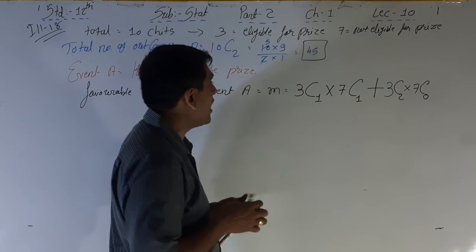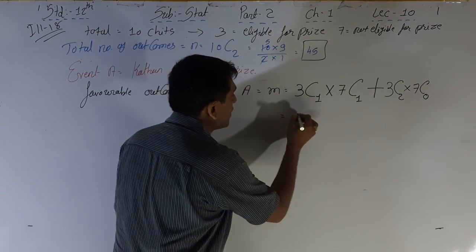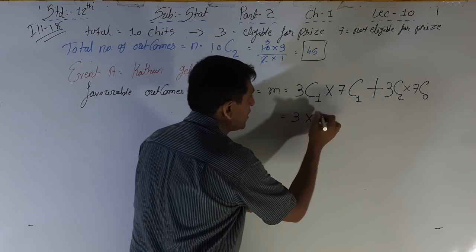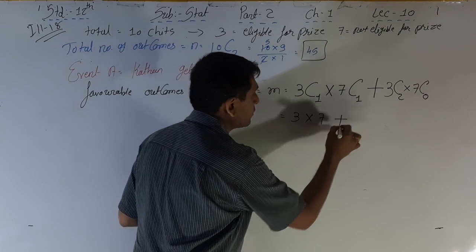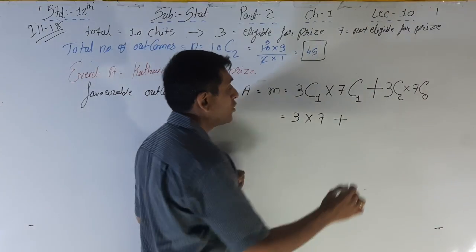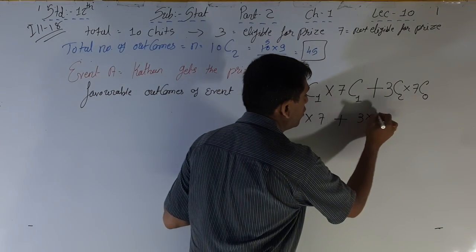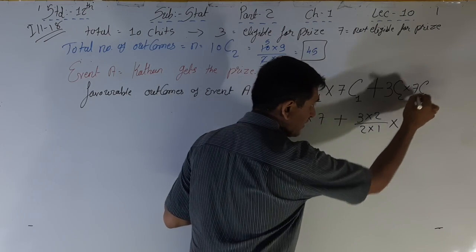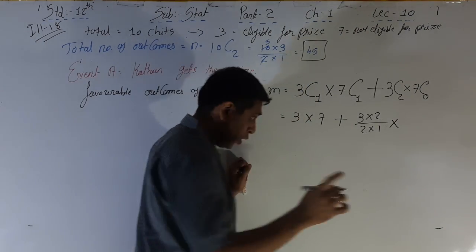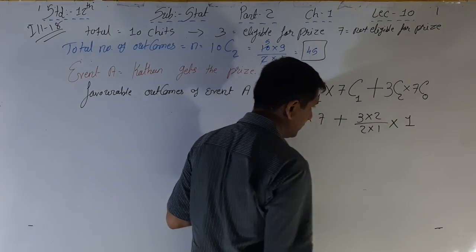Okay, what is the answer now? 3C1, NC1 is equal to N, that's why 3. 7C1, that is 7. Okay, plus 3C2. 3C2 is equal to 3 into 2 divided by 2 into 1. And 7C0, NC0 is always equal to 1.